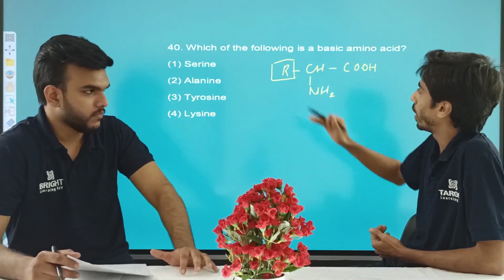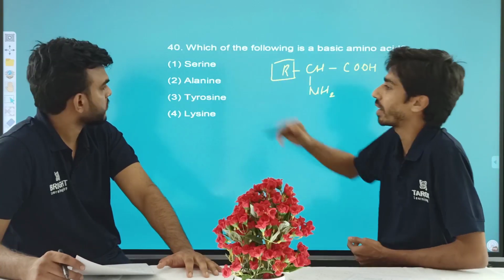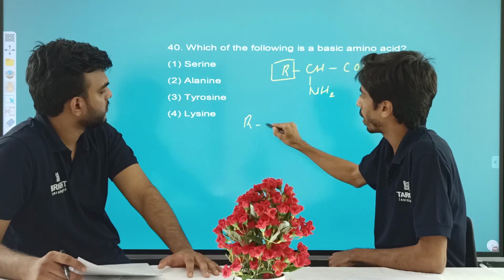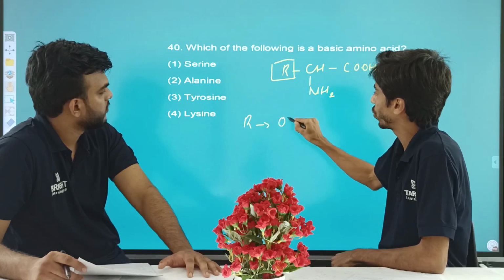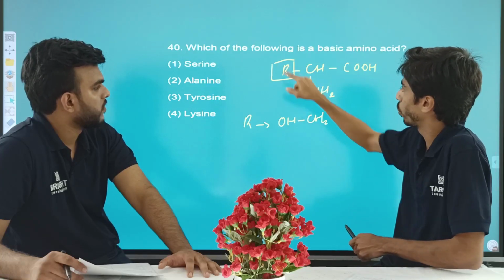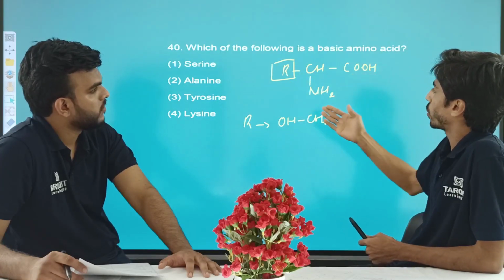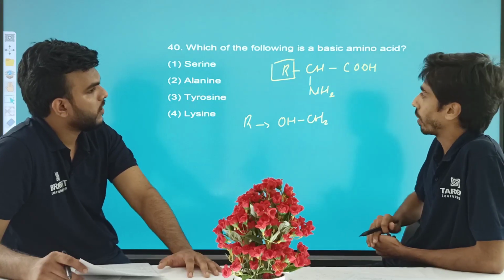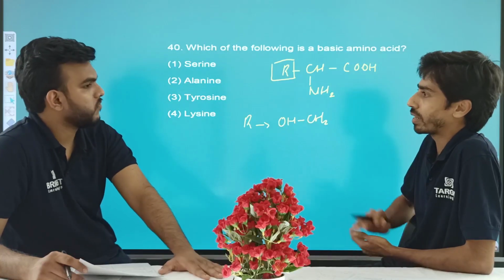So we should know what the R is in serine. In serine, the alkyl part will be OH CH2. We don't have any extra COOH or extra NH2, so definitely that will be a neutral amino acid. It will be neither acidic nor basic.